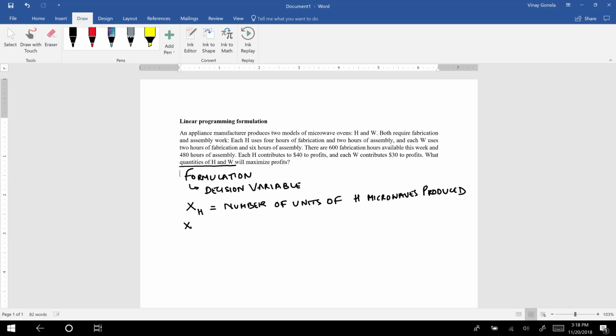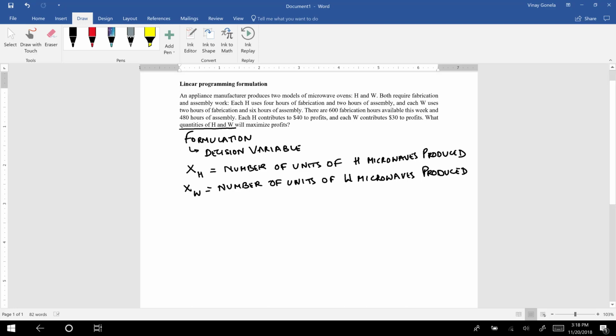And then XW is the number of units of W microwaves produced. So this is the first step. These are our decisions which we are trying to make.